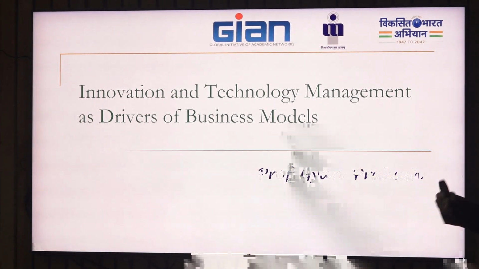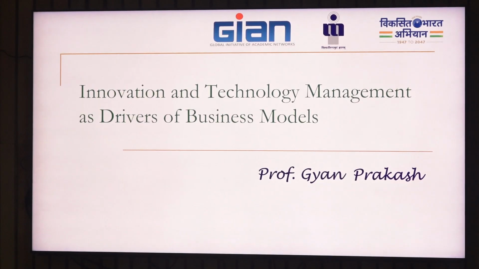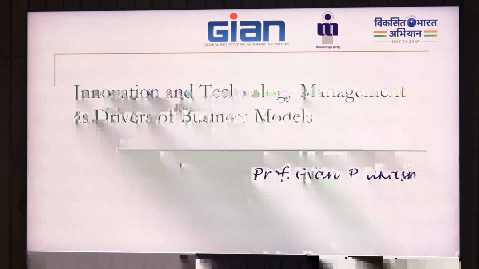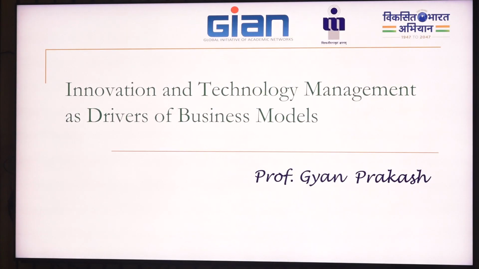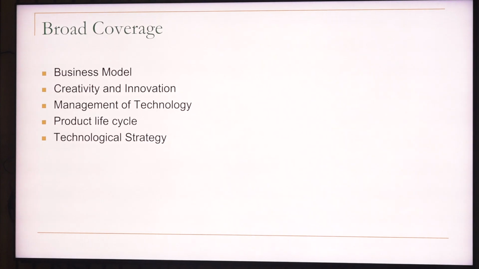How changes in technology, how the way innovative technology is coming, shapes and necessitates the need for a business model. So broad coverage: I will be talking about what a business model is, just to refresh your memory.